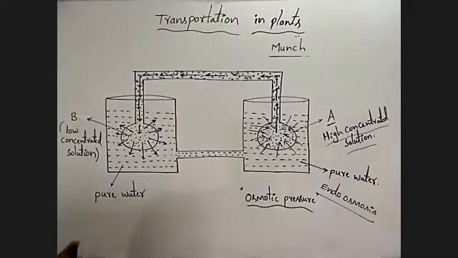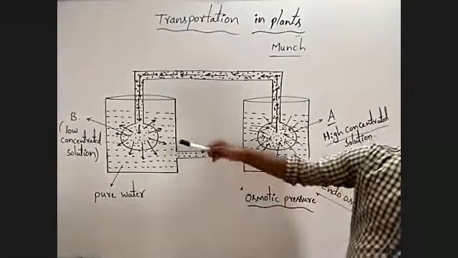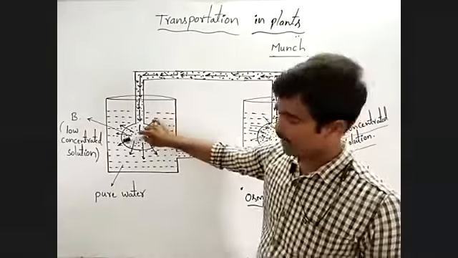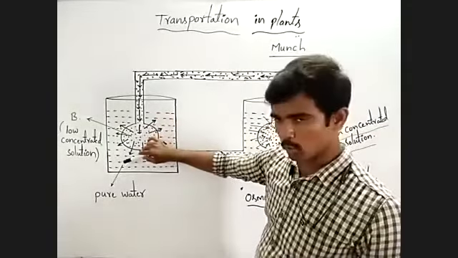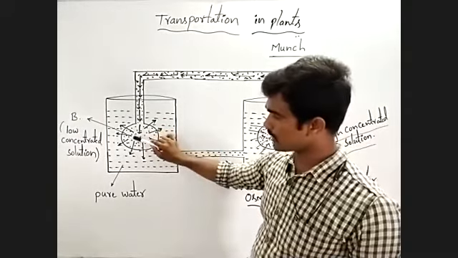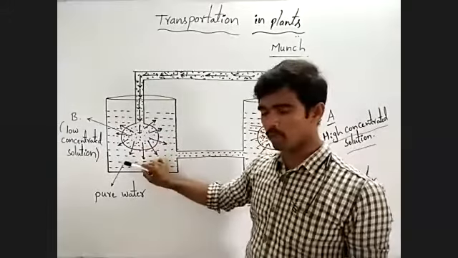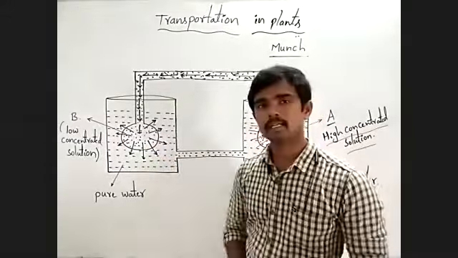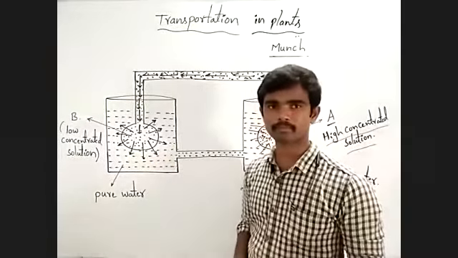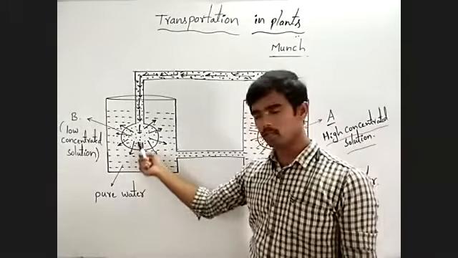Observe carefully: whenever pressure is created on the highly concentrated solution relative to pure water, water molecules can move from the highly concentrated solution into the low concentrated pure water. This is actually the reverse osmosis process. From high concentration to low concentration, water molecules move.